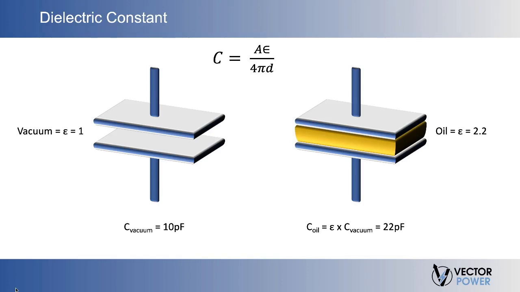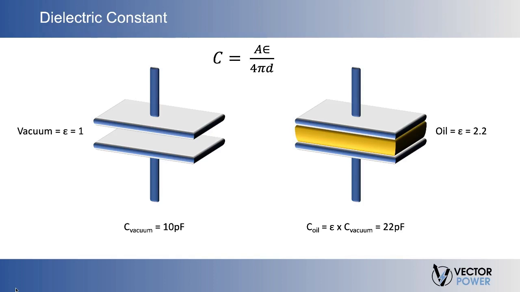Now, as we see in this slide here, given a certain area of plates and a certain distance between, the only difference in these two models is the dielectric constant of the material between the plates. In the first example, we see vacuum being used, a dielectric constant of 1, and here the capacitance calculates out to be 10 picofarad.